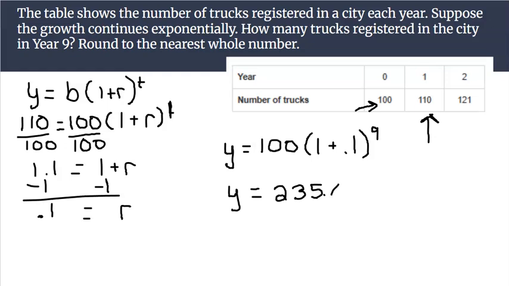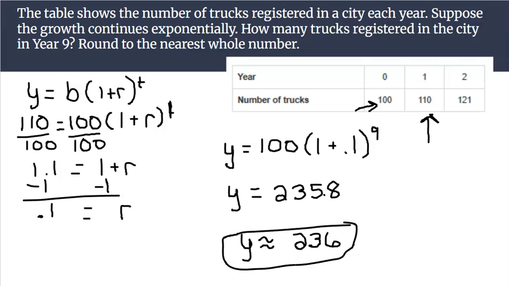Since we have 0.8, this will round to 236. This is approximately how many trucks should be registered in the city in year 9, 236 trucks.